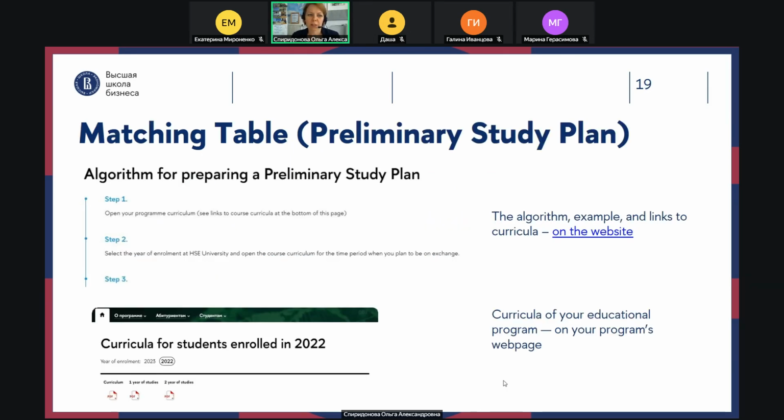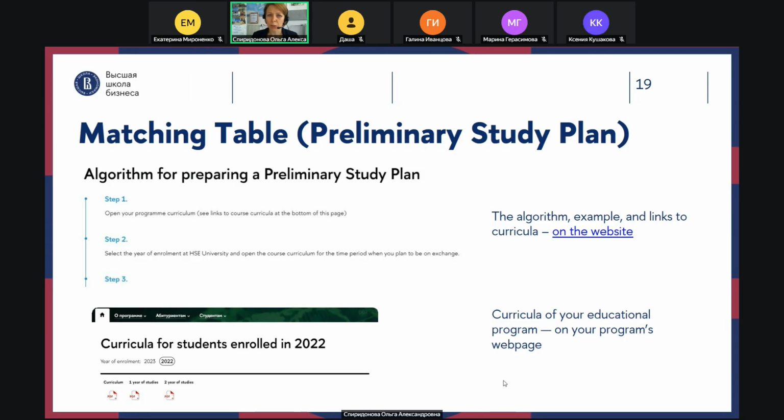And maybe the most difficult thing is the matching table, or preliminary study plan. It sounds a bit difficult, but actually it shouldn't be. What is it? First of all, we have an algorithm and some links on how it should be done. Usually you take the courses or the curricula from your educational program and the courses from the accepting university's study plan.